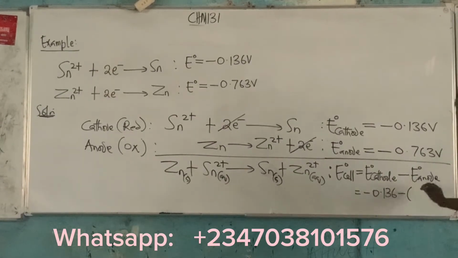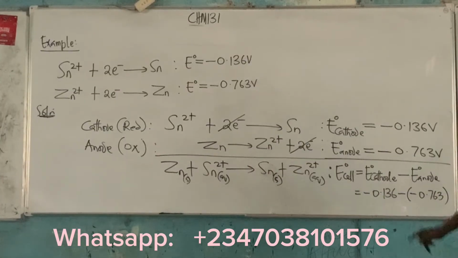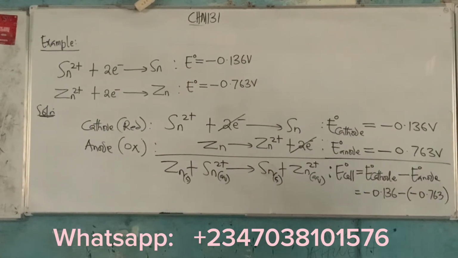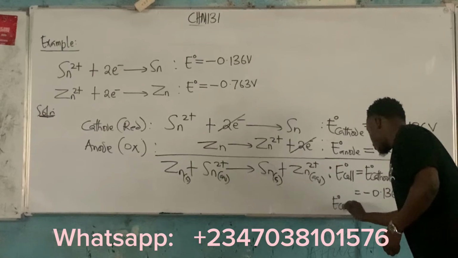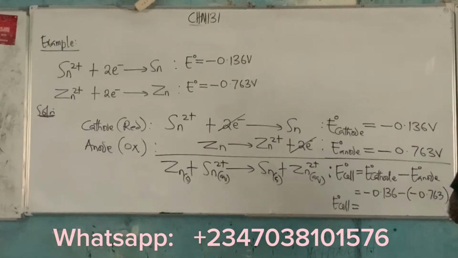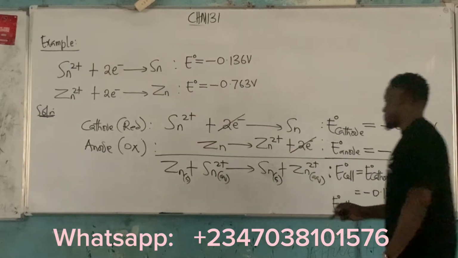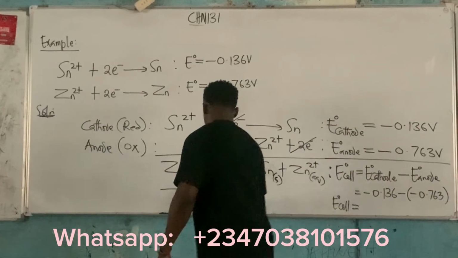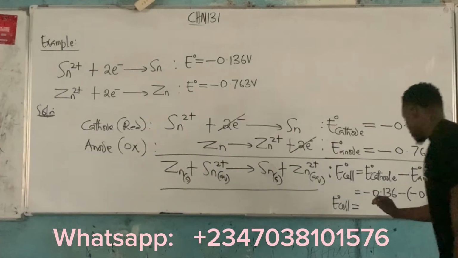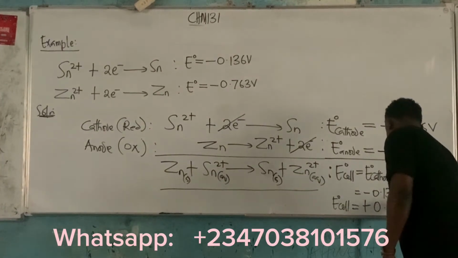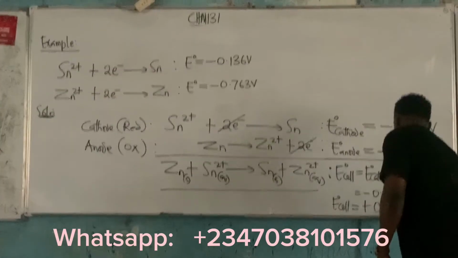And what is our E anode? Minus, becomes what? Please press your calculator for me, everything here. Plus or minus? 0.6274. Is that the answer?